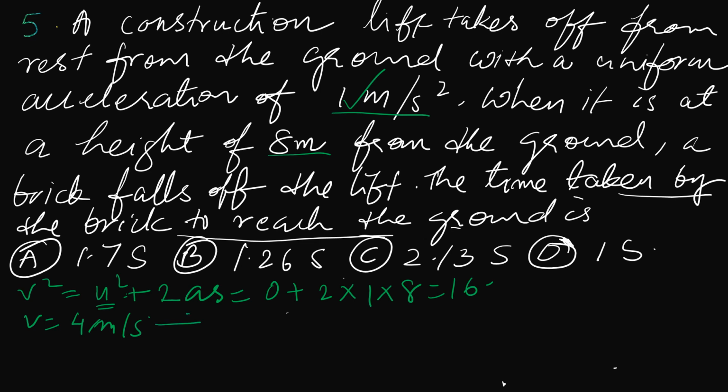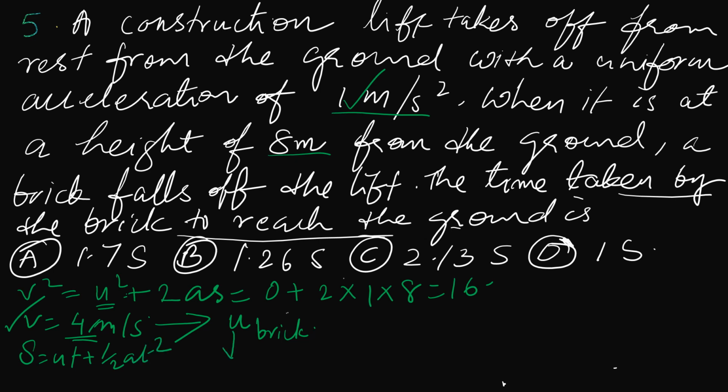This velocity, 4 meter per second, is the velocity of the lift, and this velocity of the lift is the initial velocity of the brick because the brick is falling from the lift. So in order to find the time taken by the brick to reach the ground, we can use the equation s equal to ut plus half at square.